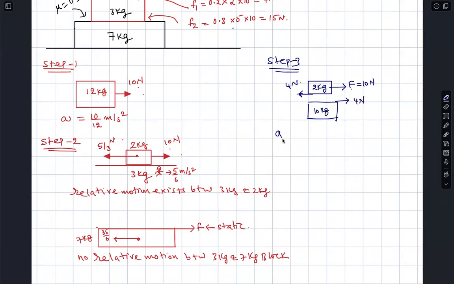So therefore, the acceleration of the 2 kg block is simply 10 minus 4 by 2, 6 by 2, 3 meter per second square. Whereas the acceleration of the 3 kg or the 7 kg block is 4 by 10, 0.4 meter per second square.